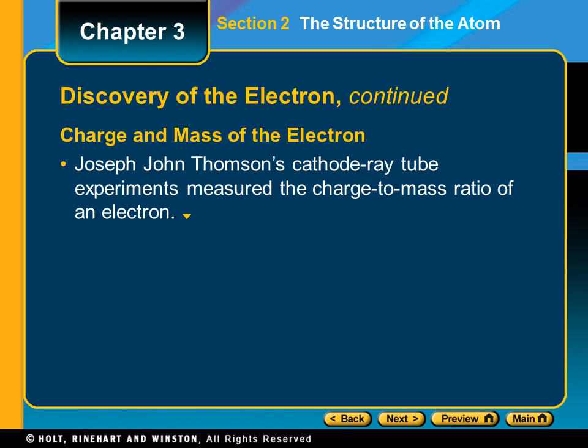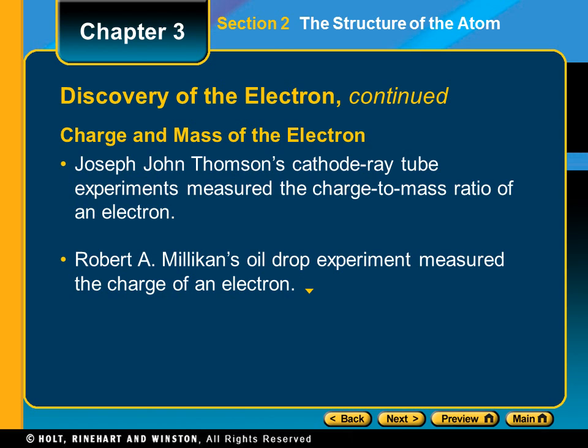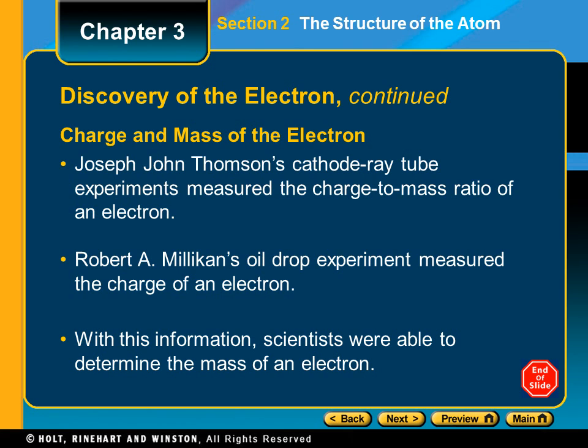Then going on, we have Joseph John Thomson's cathode ray tube. In experiments he did with his cathode ray tube, he was able to measure the charge to mass ratio of electrons. At relatively the same time, Millikan was doing oil drop experiments, which were able to measure the charge of electrons as well.